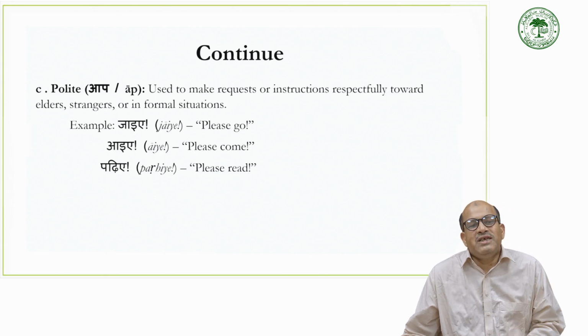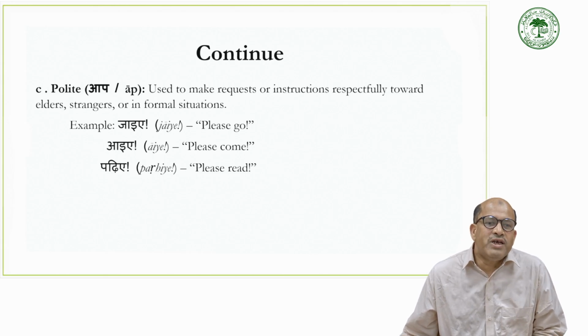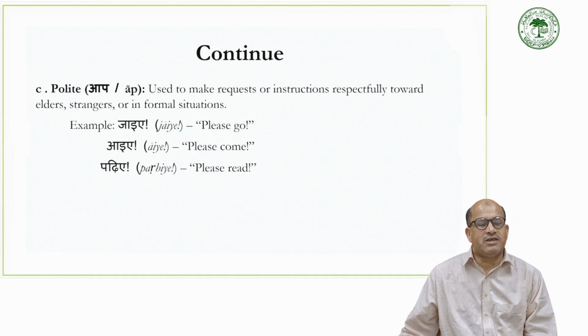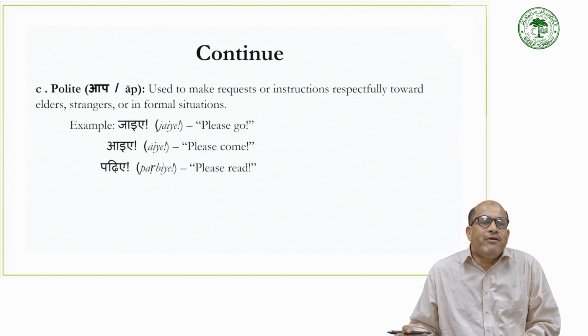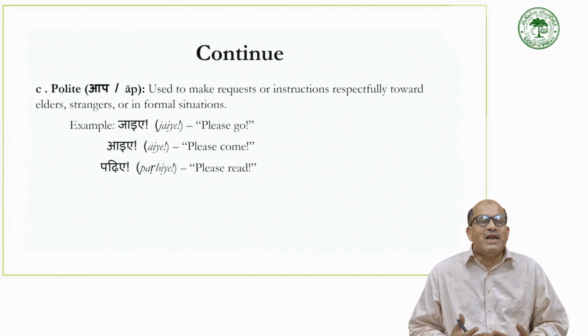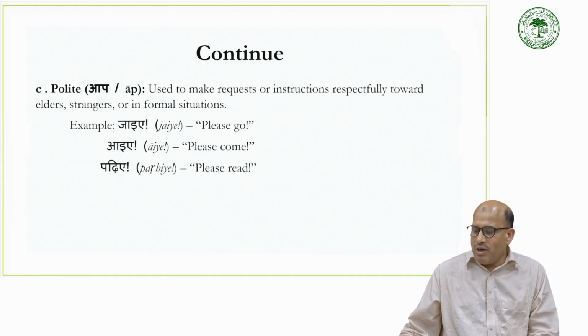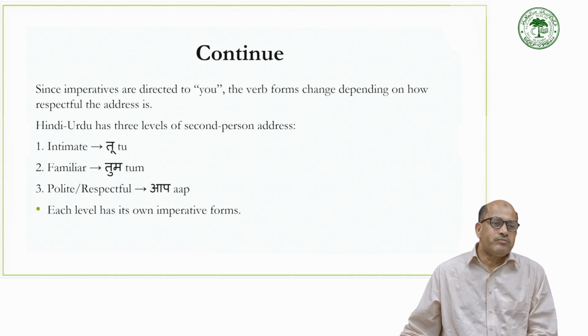The polite form is aap, used to make requests or give polite instructions respectfully to our elders, strangers, or in very formal situations. So when we say jaiye, referring to please go, it means we are saying aap please jaiye, or aap aiye, or aap padhiye. So it is indicated, implied, not stated in all subjunctive forms.